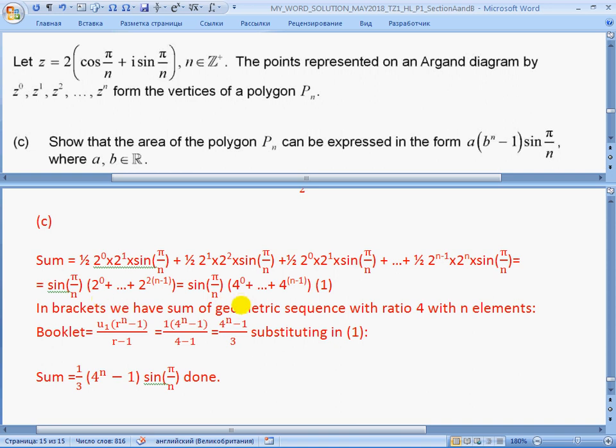Instead of 2 we have 4 raised to a power. Here we have a geometric progression. The first element is 1, n elements, r is 4. The sum we can find from the booklet. After substitution we get this expression. So a is 1 over 3, b is 4. Question is done.